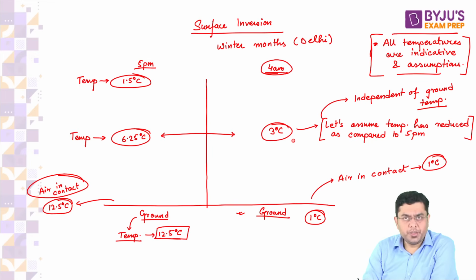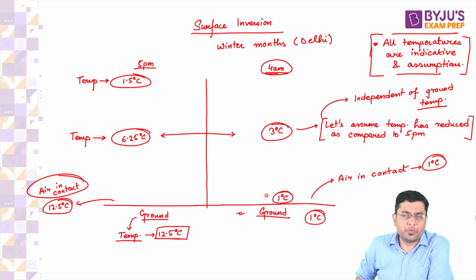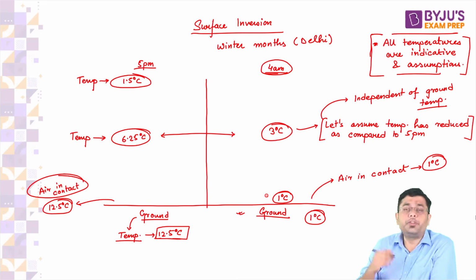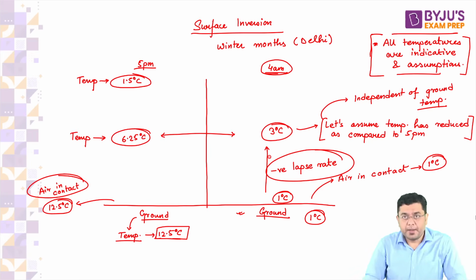Now, in this situation, the air at the ground level has a temperature of 1 degree Celsius. The air at a particular XYZ height is 3 degrees Celsius. So this is what? This is an ideal condition which will indicate warmer air above, colder air below. This is negative lapse rate. But why has this negative lapse rate been attained?